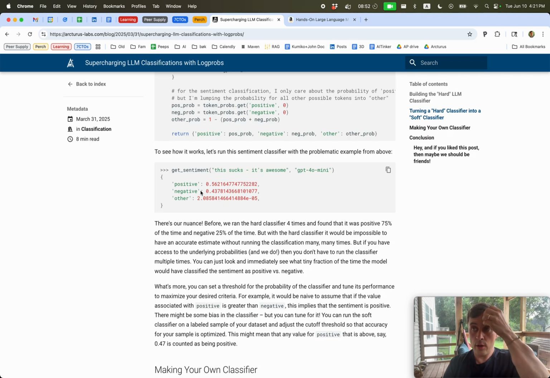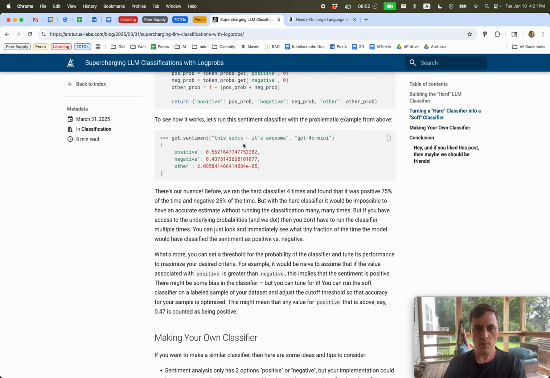Now, with the hard classifier, you can get towards a soft classifier by running it over and over again. For instance, if I'd run the hard classifier 4 times, then maybe it would say it's 75% positive and 25% negative. It takes a lot of runs before it converges to nuanced differences like this.